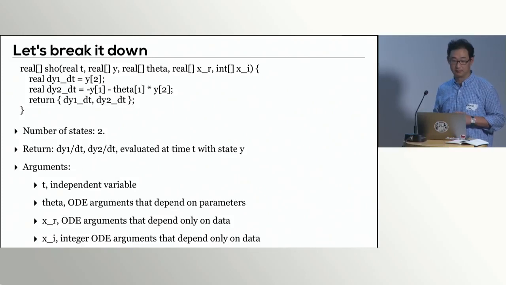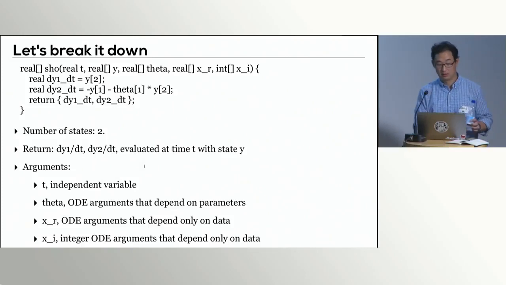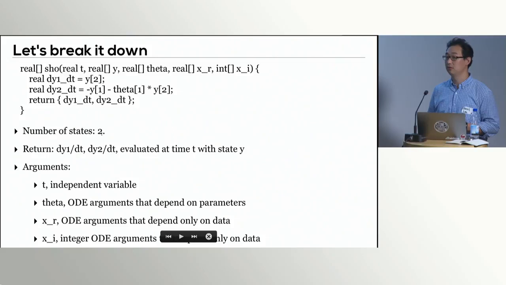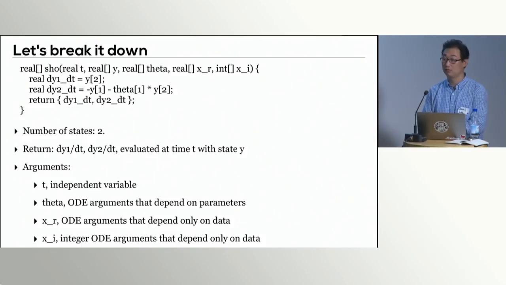All right, so if we're to break it down, the number of states, once again, is 2. We have a y1 and a y2, right? So that's the number of states. That means we have to return back a real array of 2 elements, right? So the states have to match the number of derivatives we return back. And the return value is the value of the derivative evaluated at that time, conditioned on the state that you know.